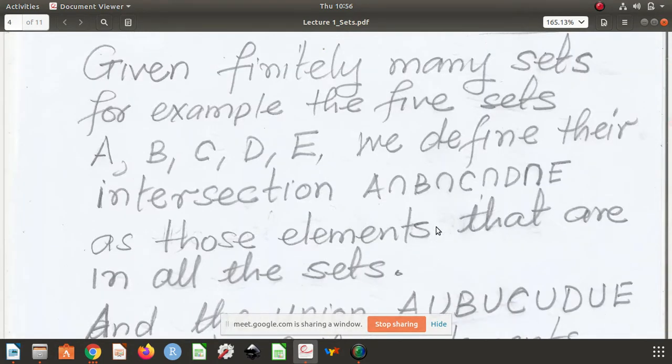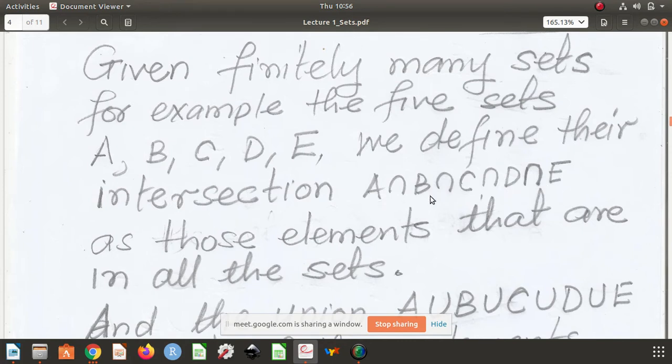Previously we have just checked the situation where we get the intersection of two sets. Now it's possible to get the intersection of more than two sets. So if you have several, for instance here we have 5, the intersection of all these 5 sets will simply be the set of elements that appear in every one of them.